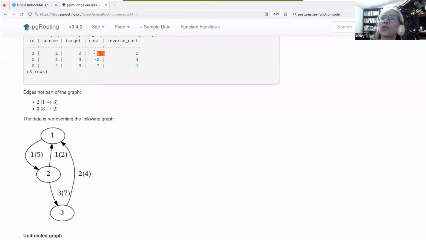And we'll also have an edge that goes from 2 to 1 with cost 2. So it would be this edge.